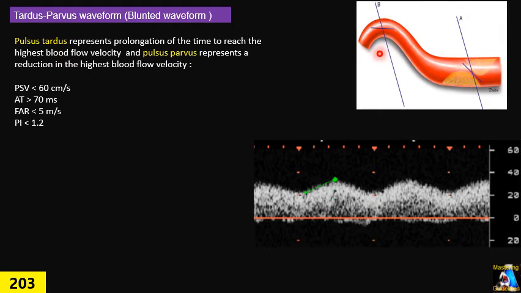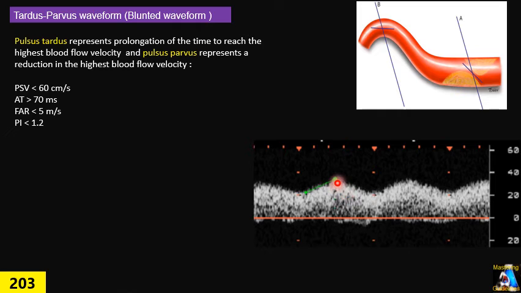For example, if we scan the distal ICA at this level and we get this pattern, 100% we will have a significant stenosis before that spot, upstream of that level, or proximal to that spot, meaning anywhere from here to close to that spot.